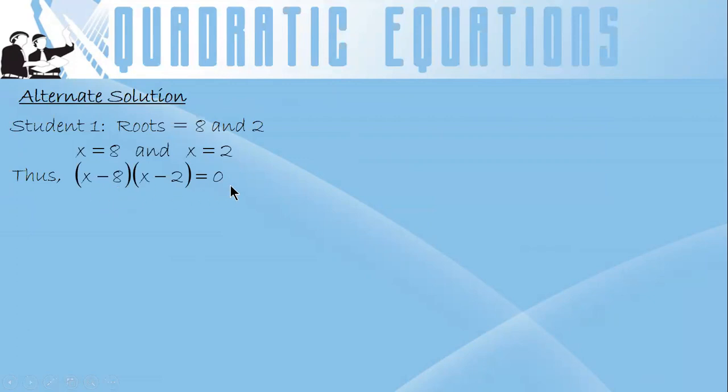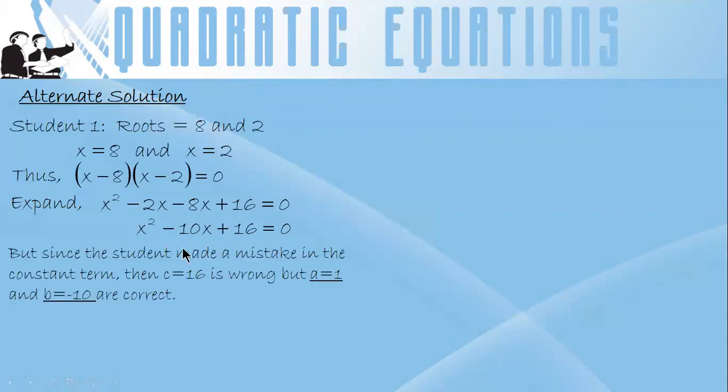And I hope you agree this will result in x equals 8 and x equals 2. So, what you do is distribute: x times x, times negative 2, negative 8 times, and so on. Simplify, you have this. This is what he got.